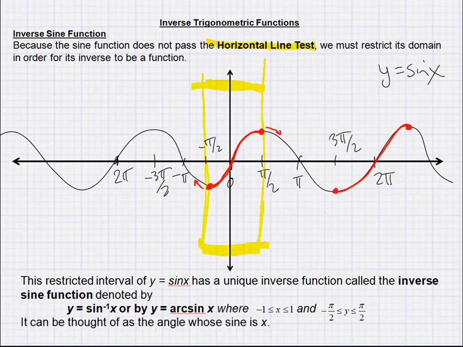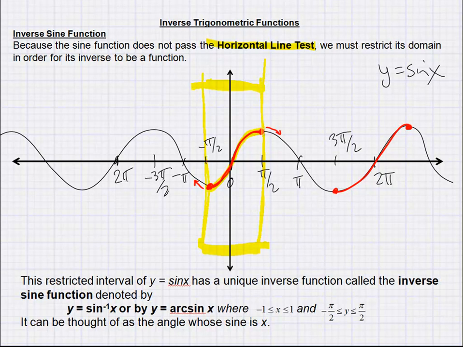And inside this window, the sine function is one-to-one. So if the sine function is one-to-one in that window, that piece of the sine function from here to here will have an inverse. Now that causes some issues down the line of, okay, well, we're not looking at the entire domain, so how does that affect the inverse function? Well, we'll talk about that in a second.